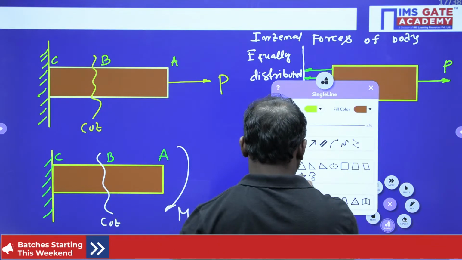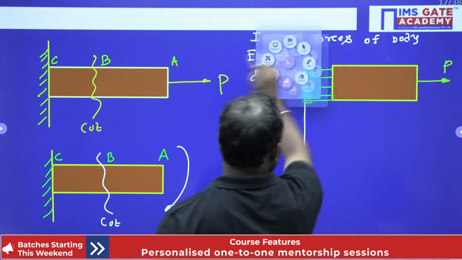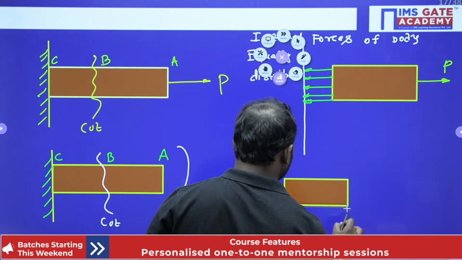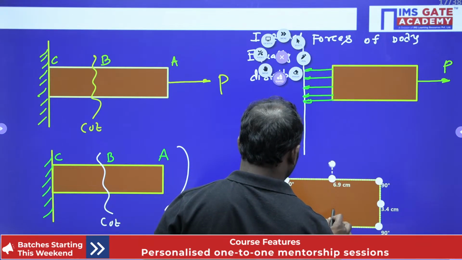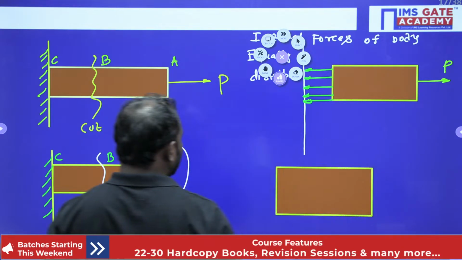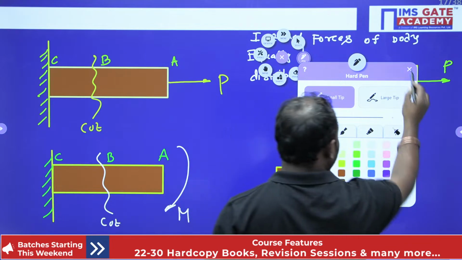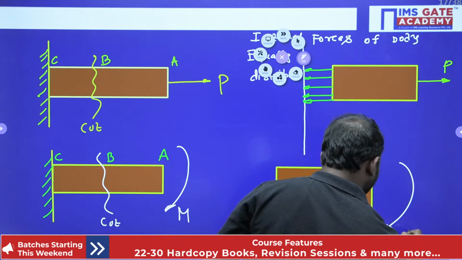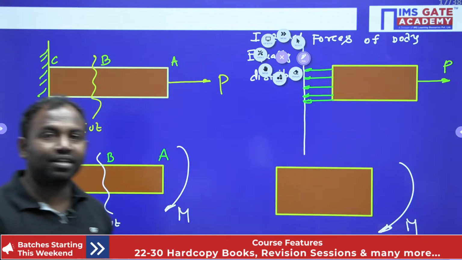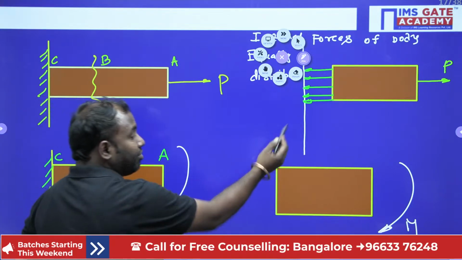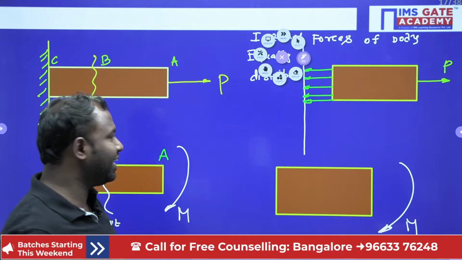So again I'll take the shape and show you that. Here you have applied a moment, say M, right? So because of this moment, the internal forces are not equally distributed.